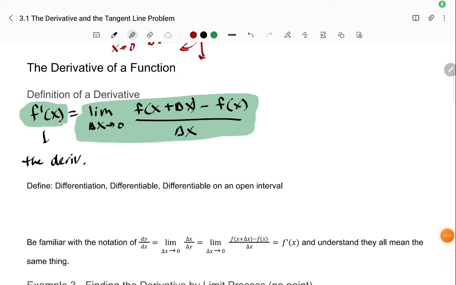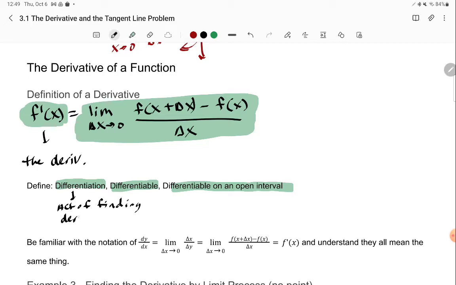Okay, then down here, defining differentiation, differentiable on an open interval. So differentiation is the act of finding the derivative. Or differentiate, all of those are what you're doing. That's the action of finding the derivative.